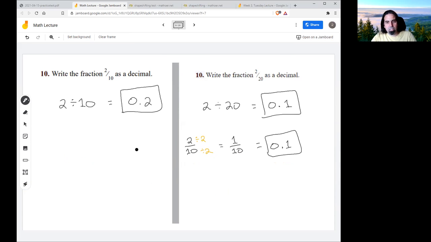Or I could be very clever and say, I'm going to take 2/20 and multiply top and bottom by 5.